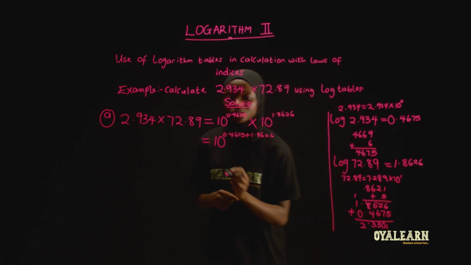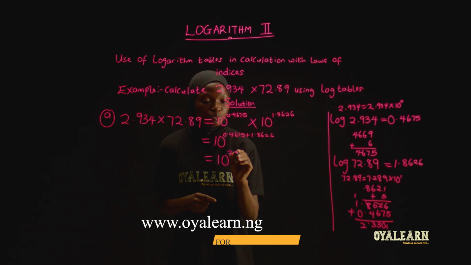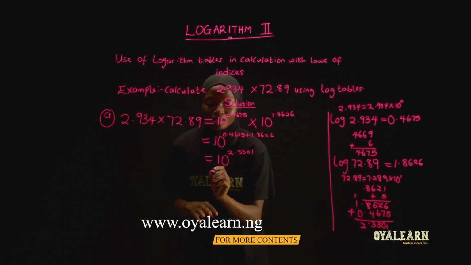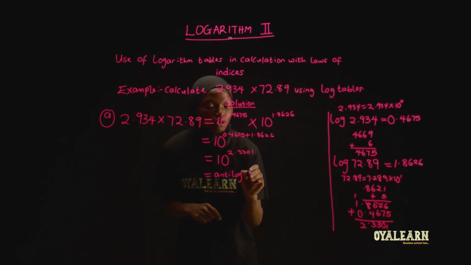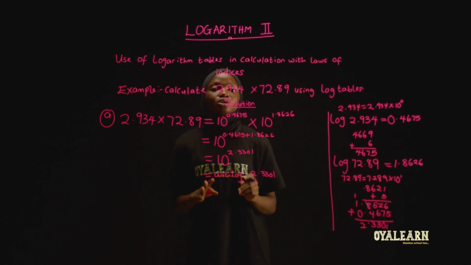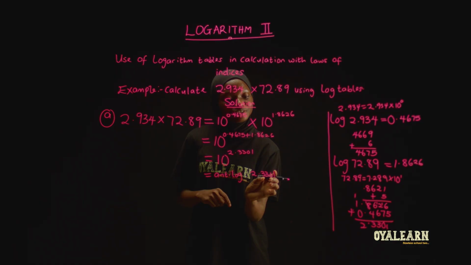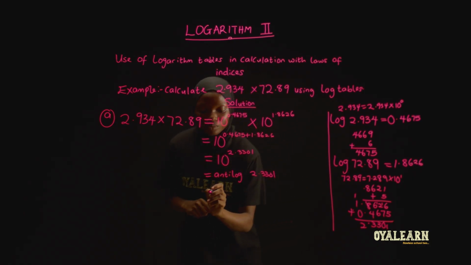So we have 10 raised to the power of 2.3301. And to find this is the same thing as having the antilog of 2.3301. And to find the antilog of this number, we only read the value of the antilog of the decimal part, that is 33 under 0, difference 1 in the antilog table.